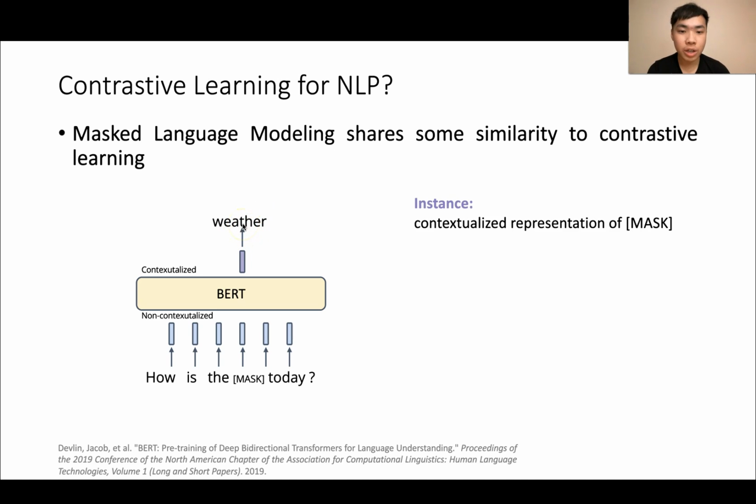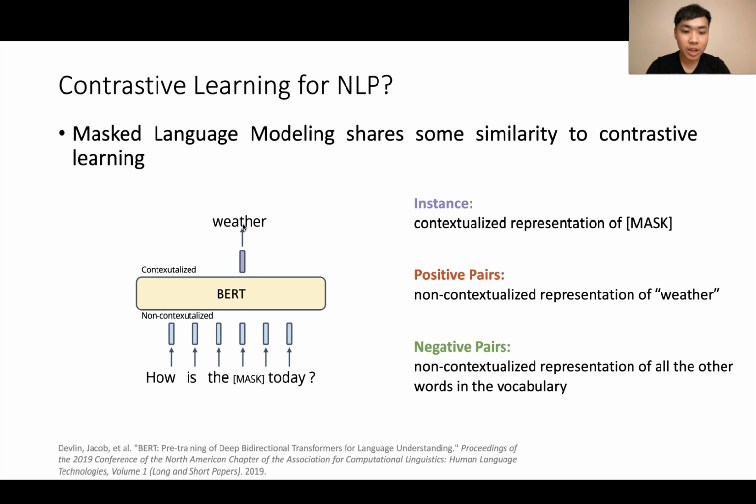So here, our input instance is the contextualized representation of the mask token. And we want to match this representation to the non-contextualized representation of the correct answer, weather. So we can see these two representations as a kind of positive pair.